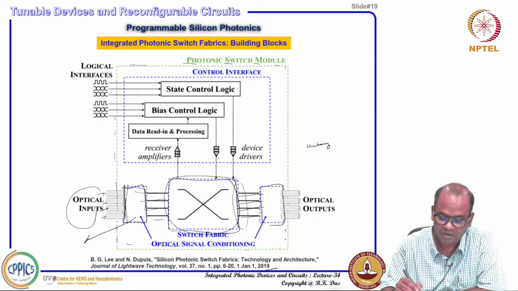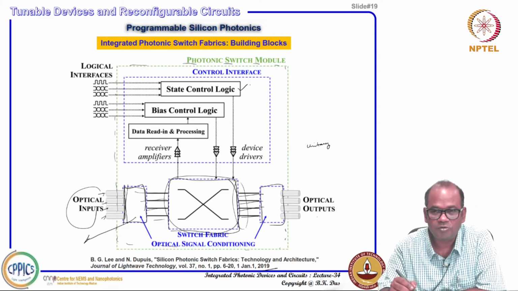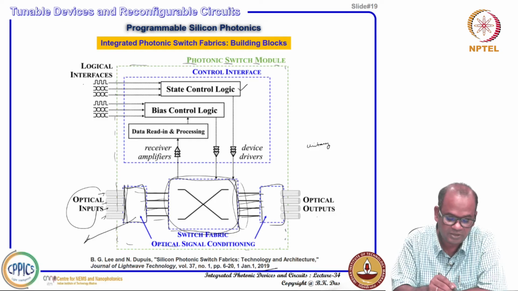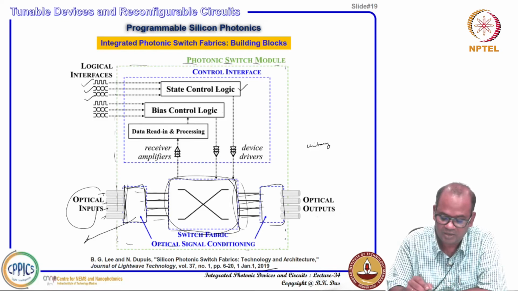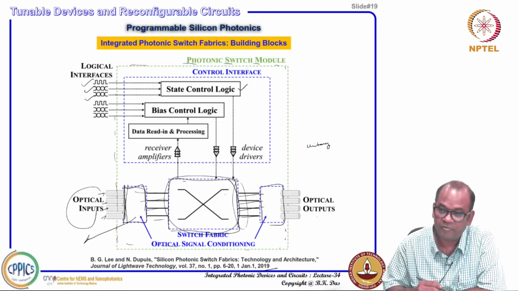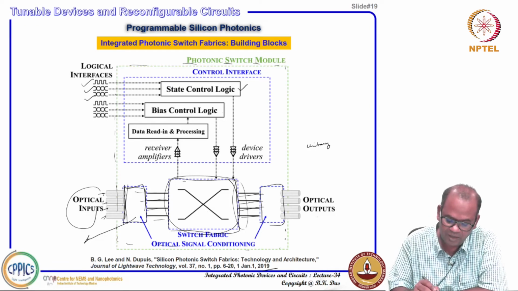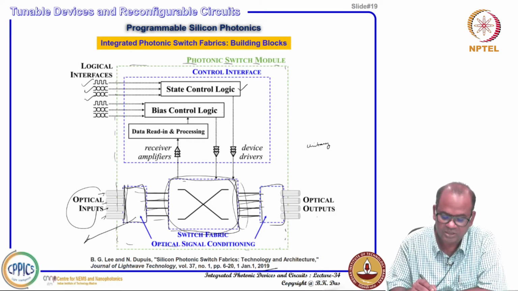You need a state control logic, you need a bias control logic, sometimes you need bias and sometimes logic control. This can be a digital control circuit, digital data is coming here, and you can feed it into different control lines, to different TBUs. Bias can also go to different TBUs, and sometimes data read in processing, receiver amplifier.